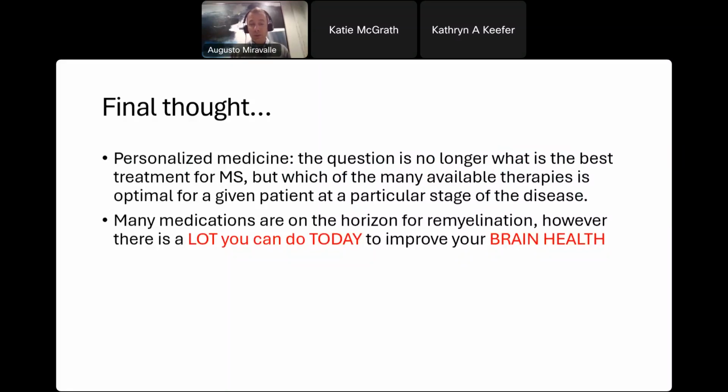But if they do show some benefits, the exciting part is that they are already available, they are inexpensive, and they could hopefully be safely used in combination with available medications. So something to stay tuned for. Of course, we will continue to update you through this or other ways.